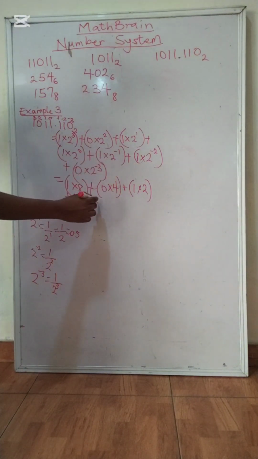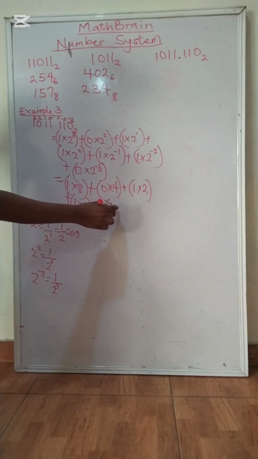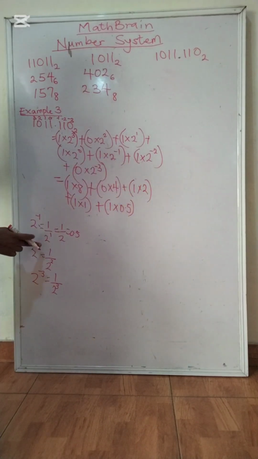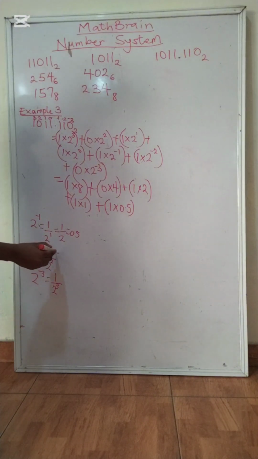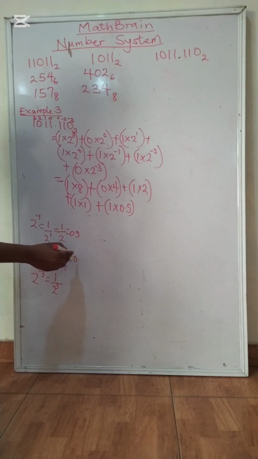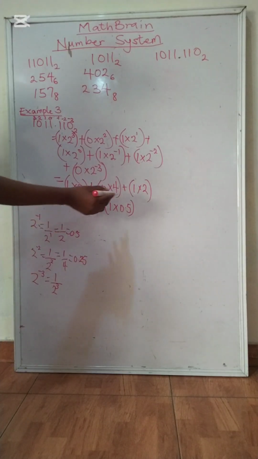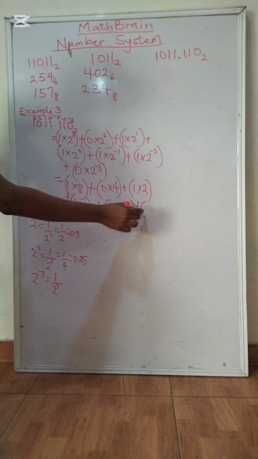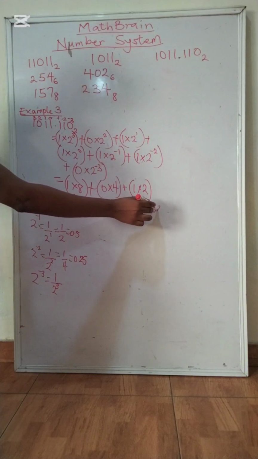So here we have plus 1 times 0.5. And here 2 raised to the power minus 2, which is 1 over 2 raised to the power 2, is going to give us 1 over 4, which is 0.25. So we have 1 times 0.25.